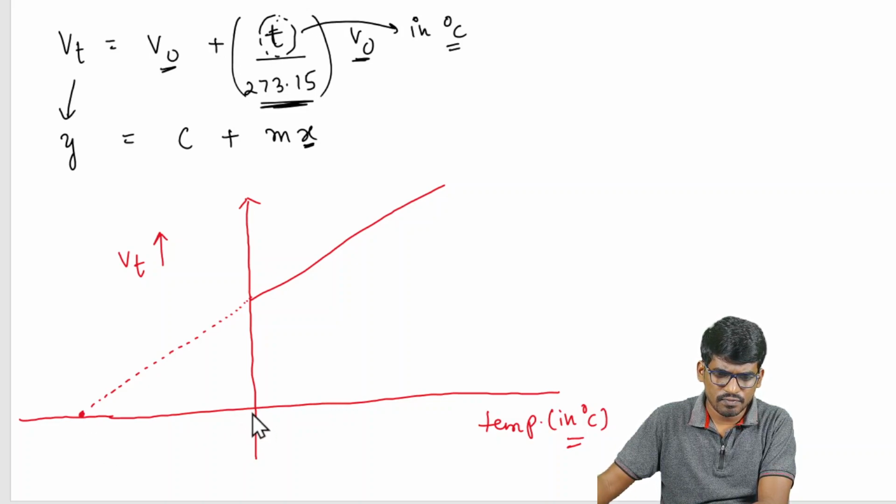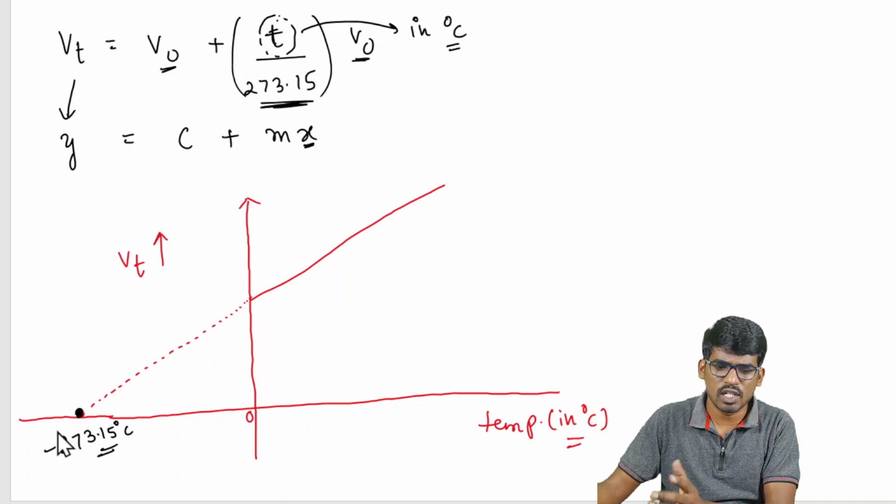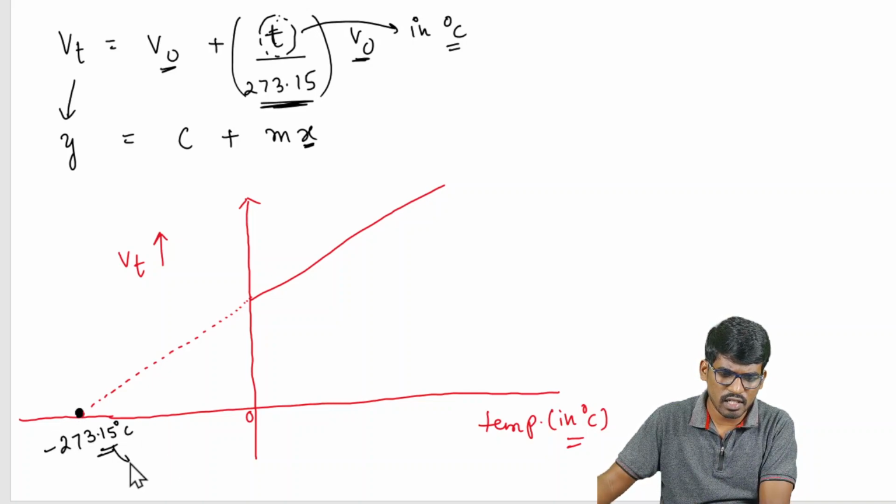Here it's 0, and of course this is negative temperature, in degree Celsius. It reaches a point at minus 273.15 degree Celsius, the lowest possible temperature. In Kelvin, it is taken as 0 Kelvin.